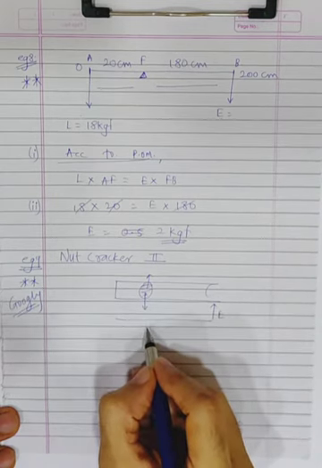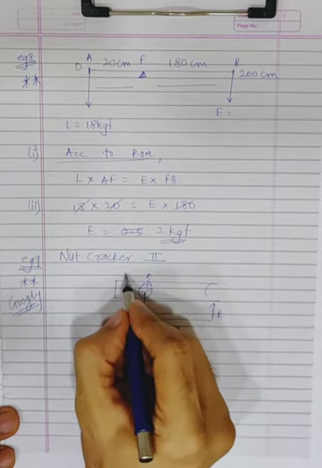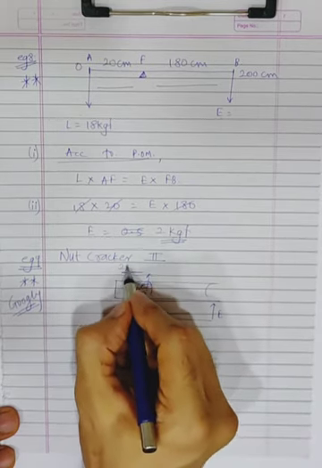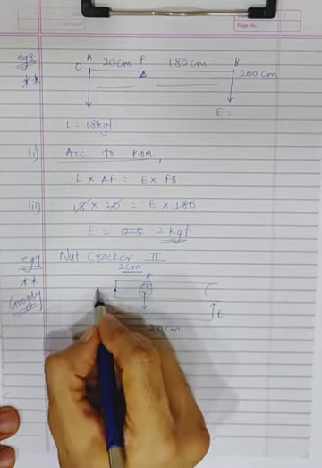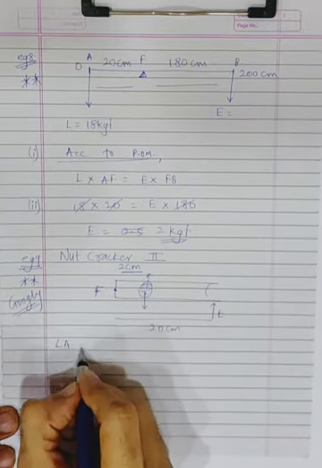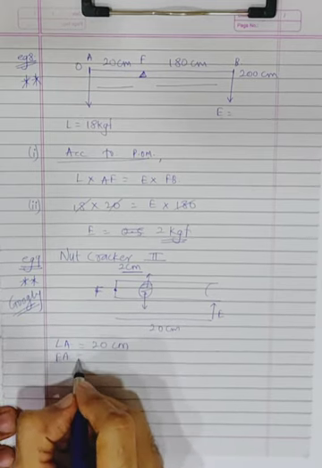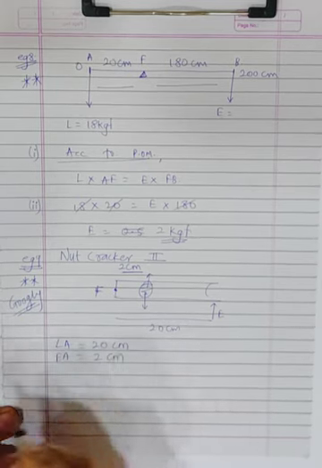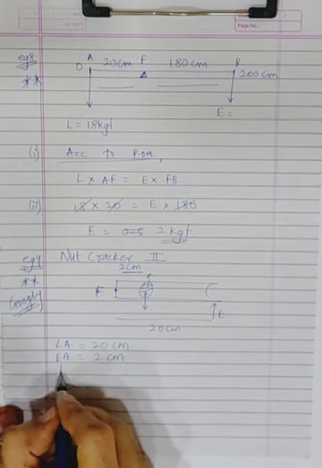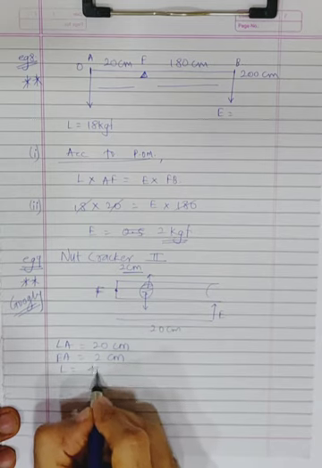These handles are 20 centimeter and the nut is kept at a distance of 2 centimeter. So basically we'll just write down the data. Your load arm is how much? 20 centimeter. Your effort arm is how much? 2 centimeter. Then your load is equal to 40 kgf.